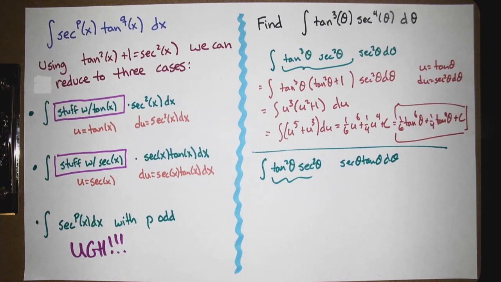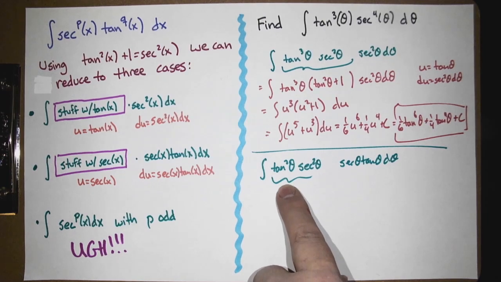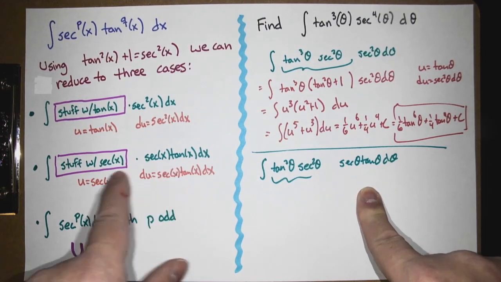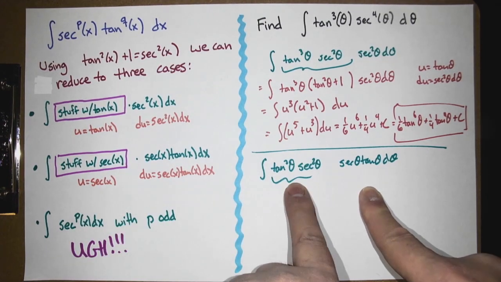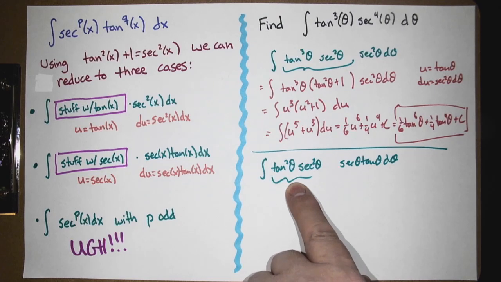If we pulled off a secant squared, we have the ability to write everything else in terms of tangents. But now let's look at what would happen in the other situation. We pulled off a secant tangent. And now we ask what? If we have a secant tangent, we want stuff with secant. Can we make it all in terms of secant?